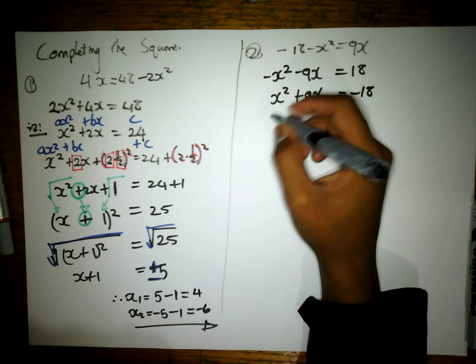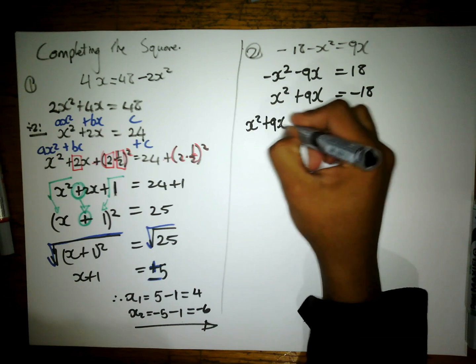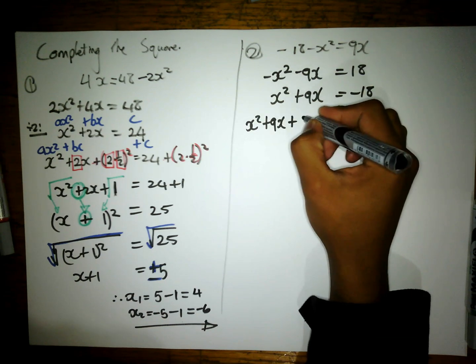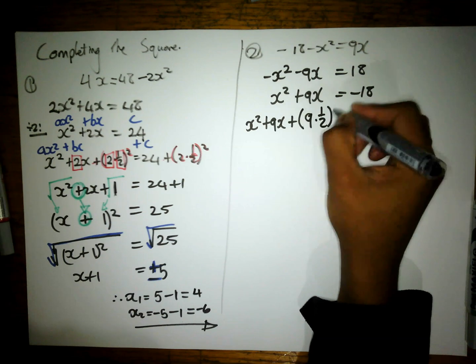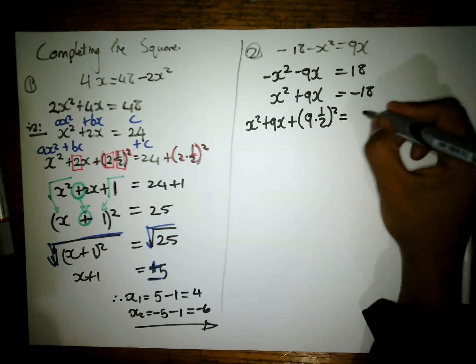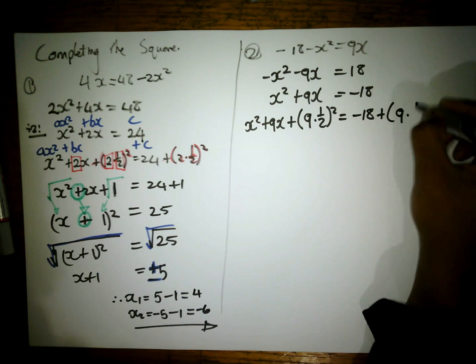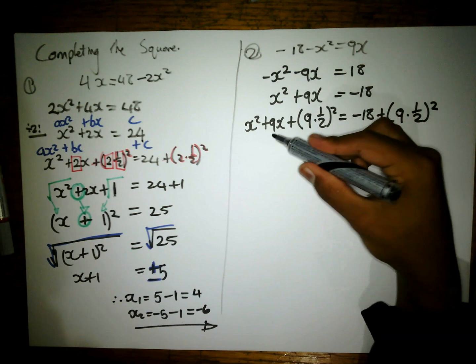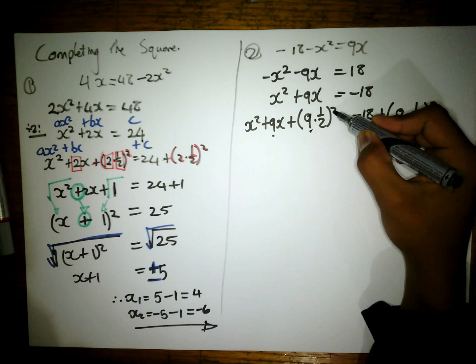So we say x squared plus 9x plus, in brackets, 9 times half squared equals negative 18 plus 9 times half squared. Your b value times half, in brackets, squared.